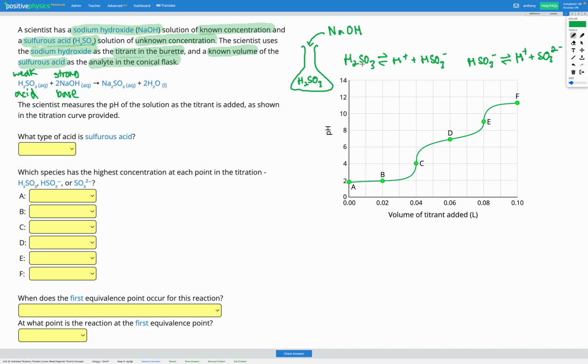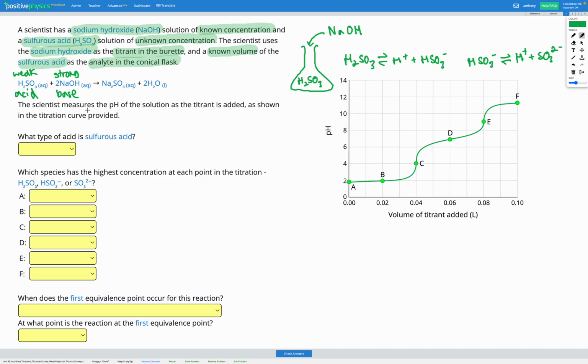So we're actually going to end up having two stages in a reaction. First, we're removing one H plus from our H2SO3 to form HSO3 minus. Then we're removing the other H plus from that HSO3 minus to form SO3 2 minus.